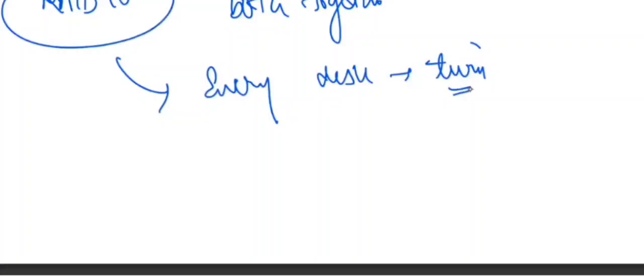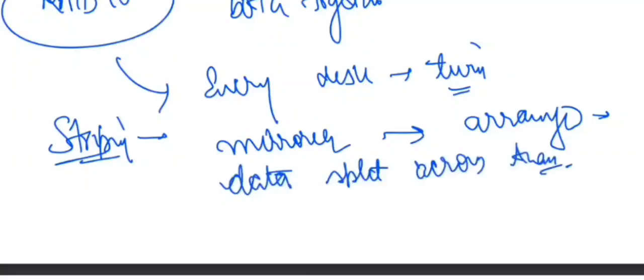And the second thing that is done is striping. Striping means now these mirrored pairs are arranged so that data is split across them. That's why they are arranged, right? So this makes reading and writing much faster. So what you get?